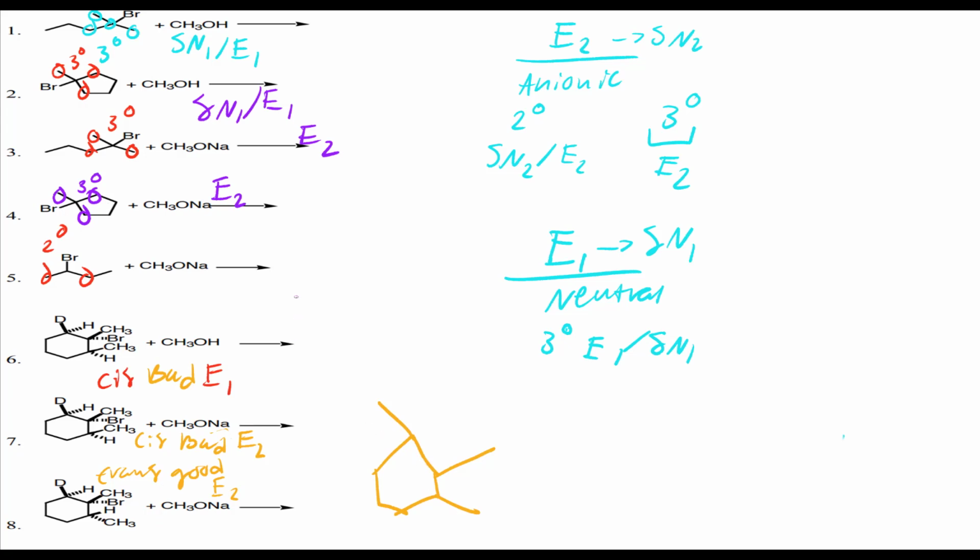But if this were a cis, what would happen is that over here, we're messing up because we're all cis. And so the only one that's possible to be eliminated is not necessarily the bromine, but it's going to be the deuterium, whatever.